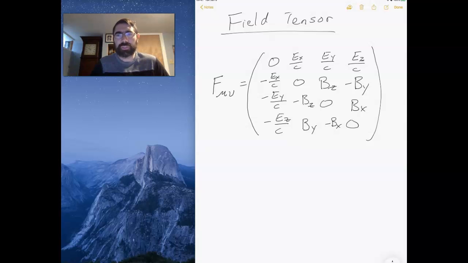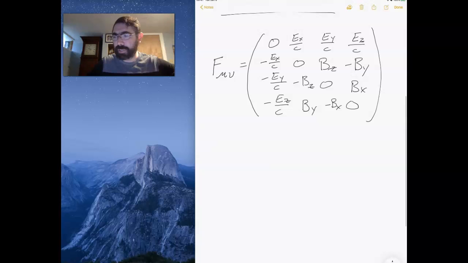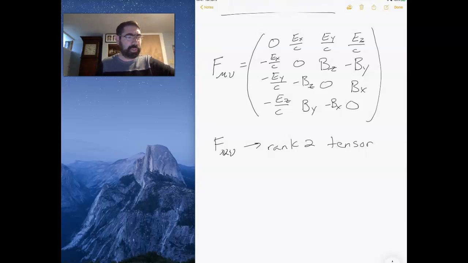So what you'll notice is, filling this out just from, say, analogy, is that, like I said before, F mu nu is a rank 2 tensor. So that's pretty obvious.